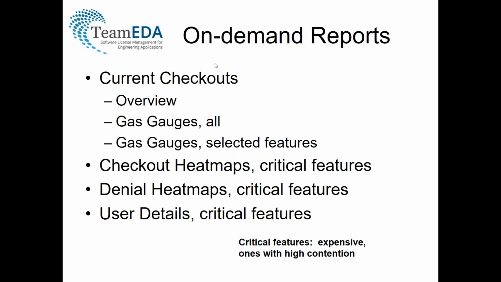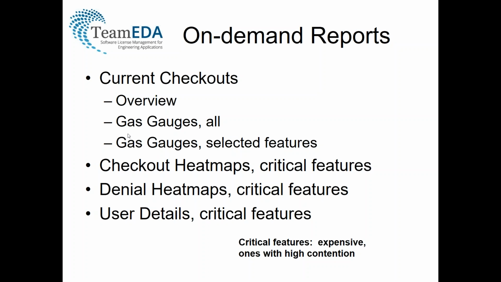On-demand reports would be things like current checkout reports. These are perfect for a one-click: I want to see everything currently checked out across all my servers, or I only want to see certain kinds of tools checked out. What's the current checkout status? You can use the overview page, current overview, and see everything, or you can use the gas gauges.